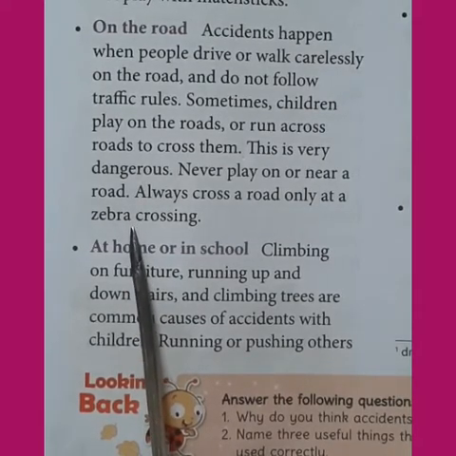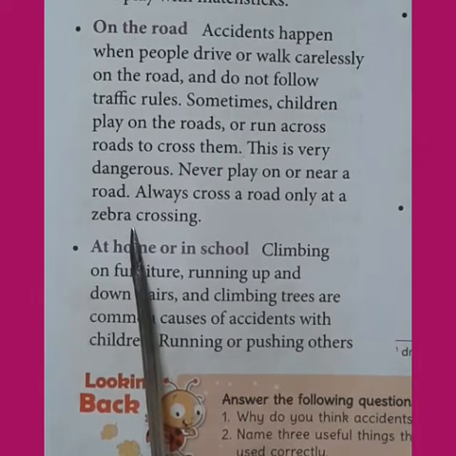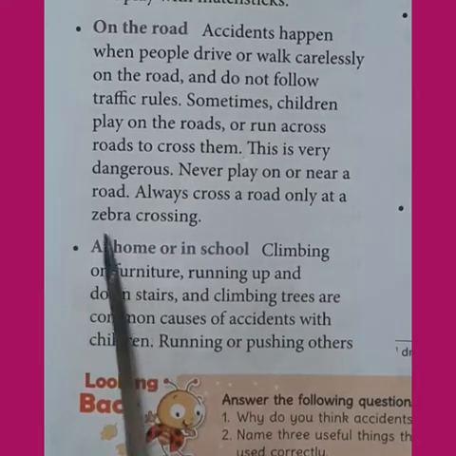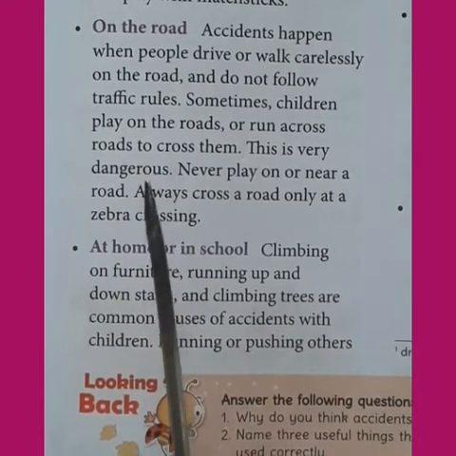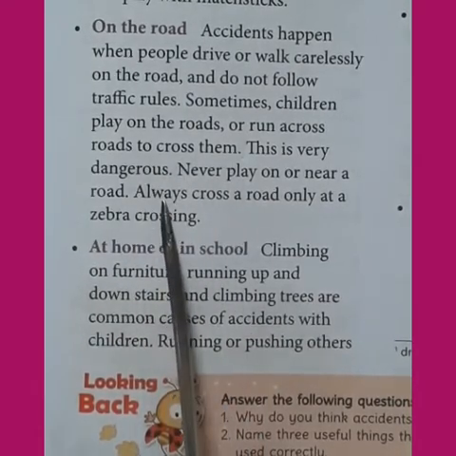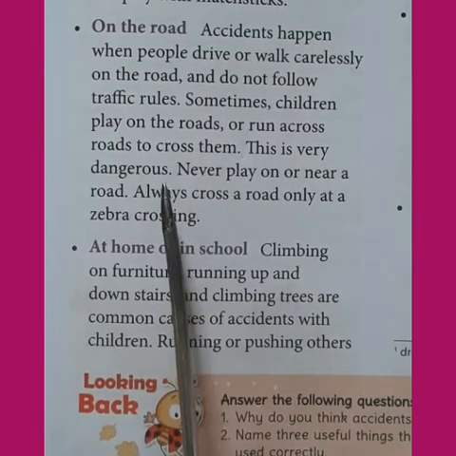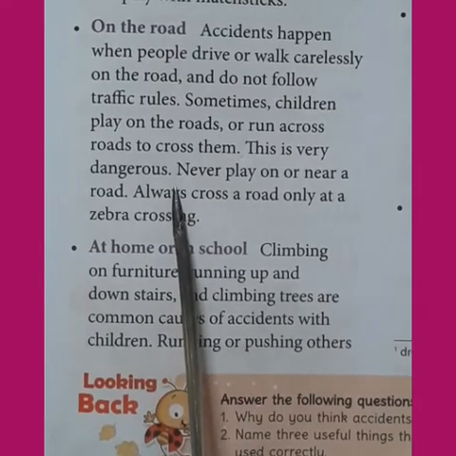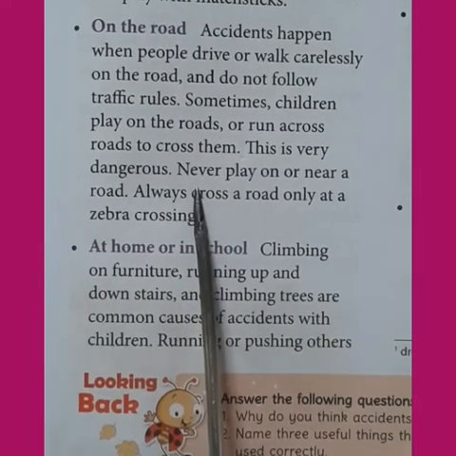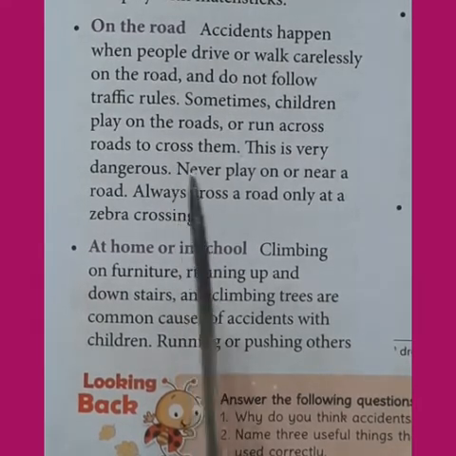On the zebra crossing, it is best for you to cross the road when there is no vehicle moving on the road. And always you have to wait for the traffic signals. You have to follow the traffic rules, and then you have to cross the road.